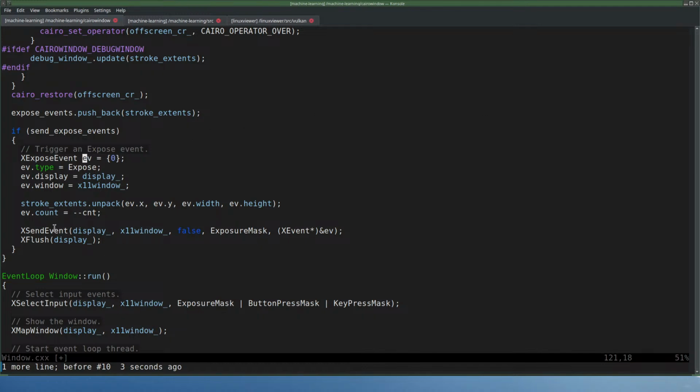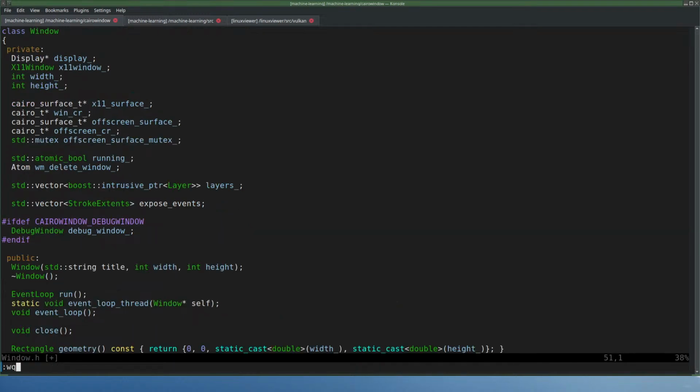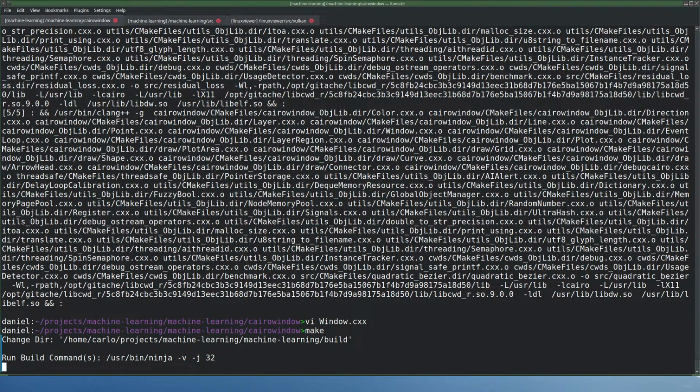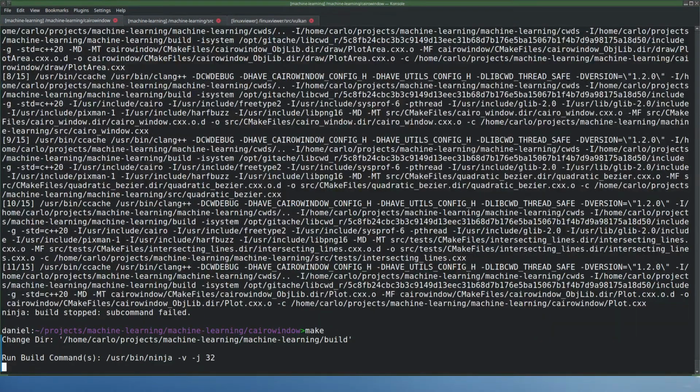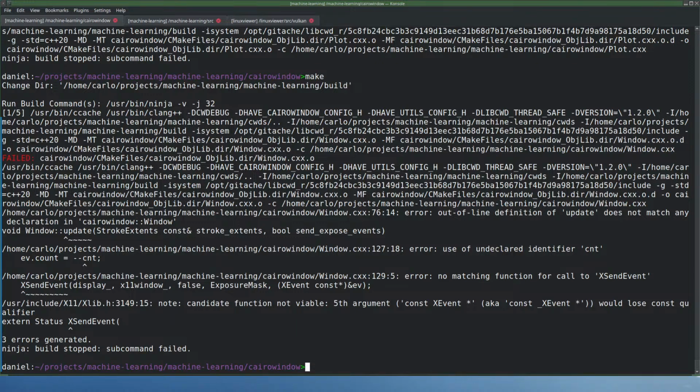Why does accent event not take a const, or does it? Because, come on, don't change it. No matching. You would lose const qualifier.